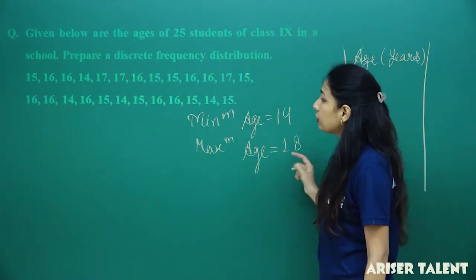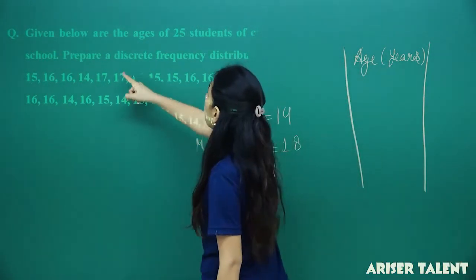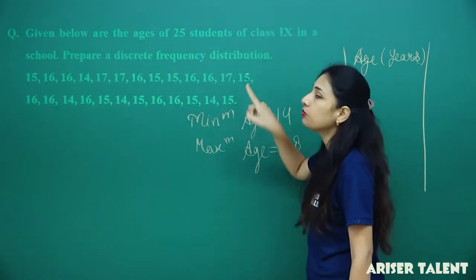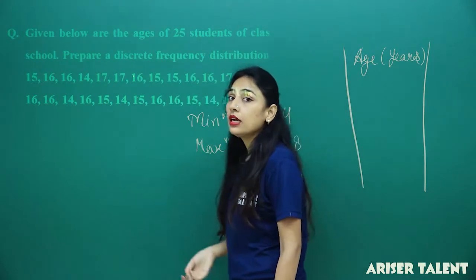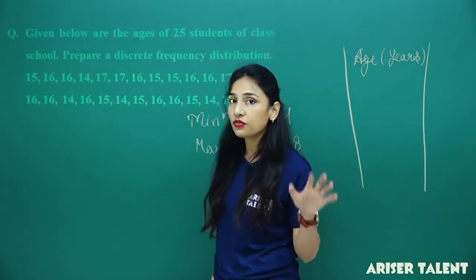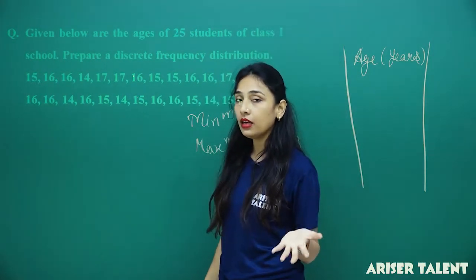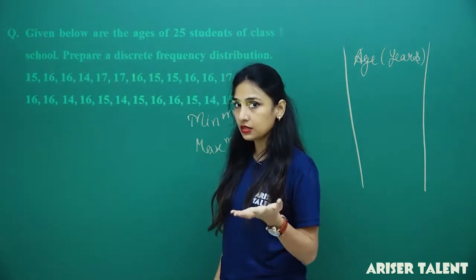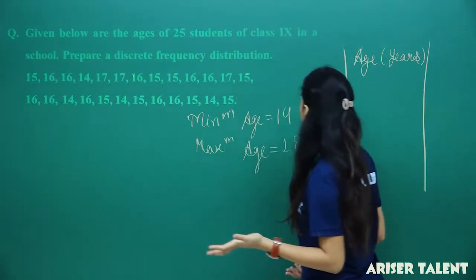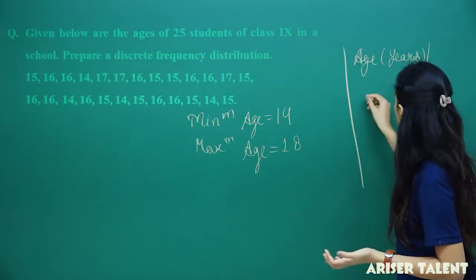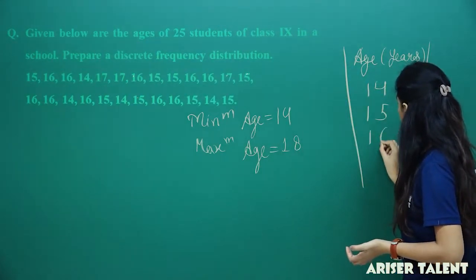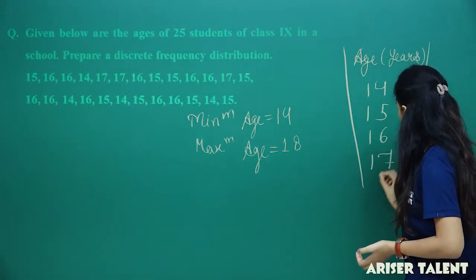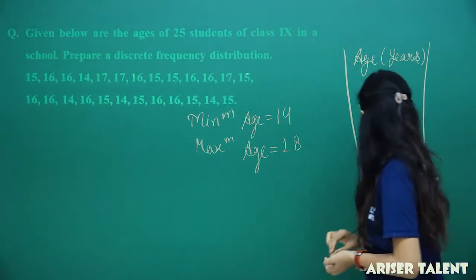Now what the question has asked me is to prepare a discrete frequency distribution. Frequency distribution: how many times something is repeating. Repeating a thing many times is frequency. So minimum age is 14, so I'll write 14 here, and then 15 here, and then 16 here, and then 17 here, and then 18 here.